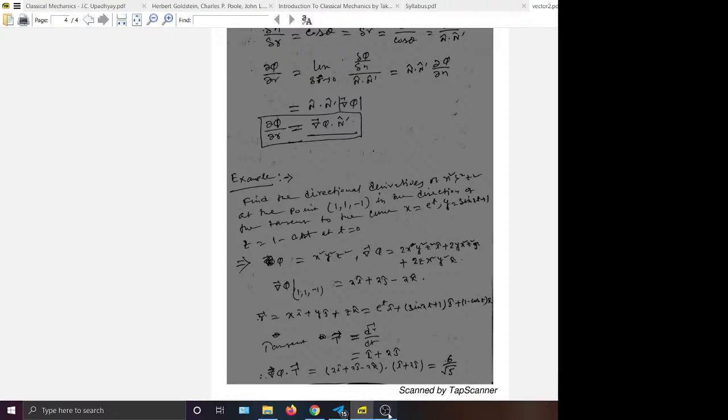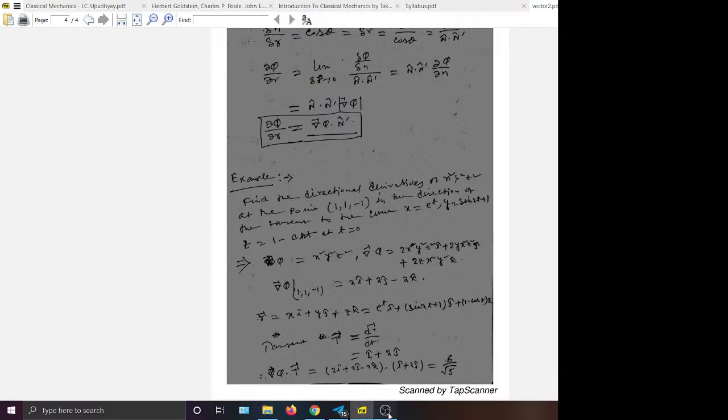This is the position vector corresponding to that curve. Now I can put in the x, y, z values which are given in the question itself. For the tangent, I take the derivative of this position vector with respect to the variable t. So the tangent will come as i plus 2j cap.